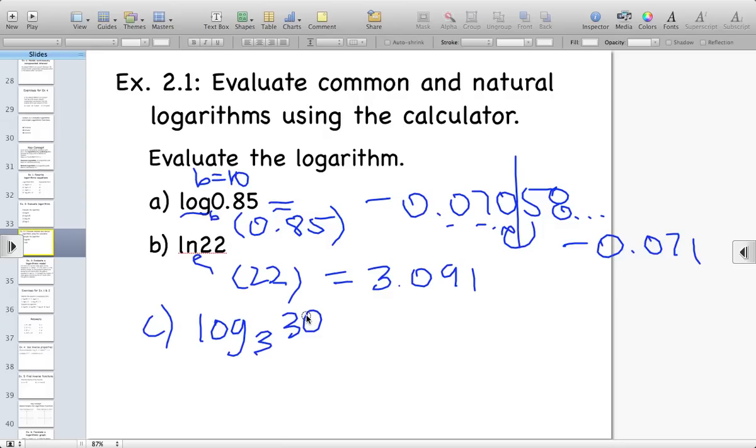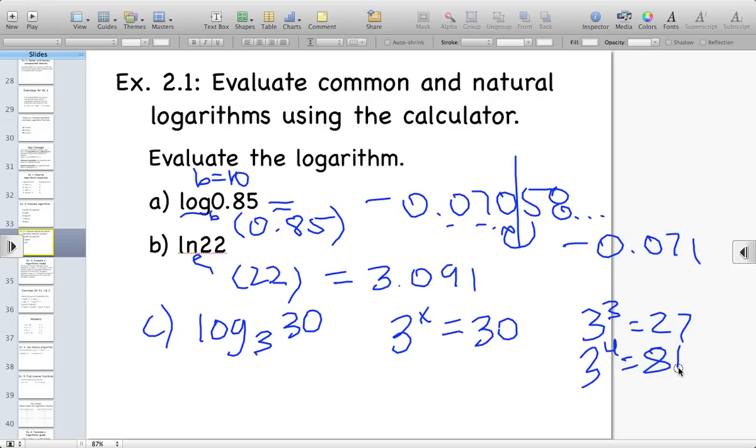If I tell you to evaluate this expression, well, you're thinking to yourself, okay, 3 to the what equals 30. Well, we already know that 3 to the third is 27, and 3 to the fourth is 81. So our exponent is somewhere between 3 and 4, but how are we going to know exactly what it is?